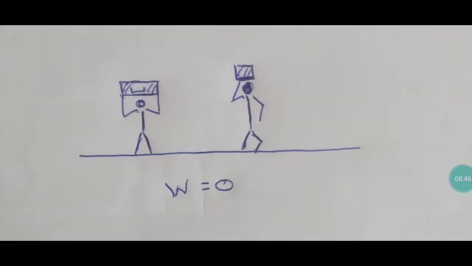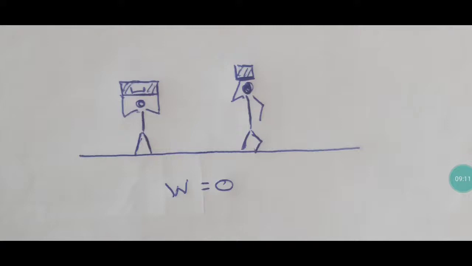Consider this example now. The coolie standing on the left is carrying a heavy luggage on his head, but he is standing. He will be wasting his energy because all the time he is holding that heavy luggage, but actually the work done by him is 0. Why is that so? It's because the displacement of the luggage will be 0.